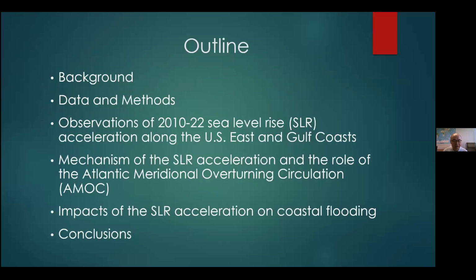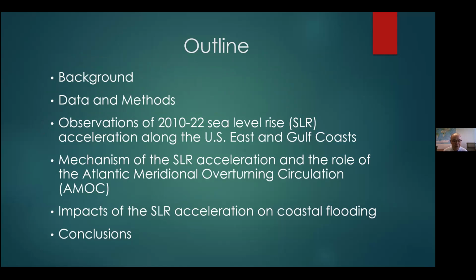This is the outline of my talk. I will start with some brief background and talk about the data set used in this study and the analysis methods. Then I will show the 2010-2022 sea level rise acceleration observed by tide gauge and altimetry on the East and Gulf Coast.